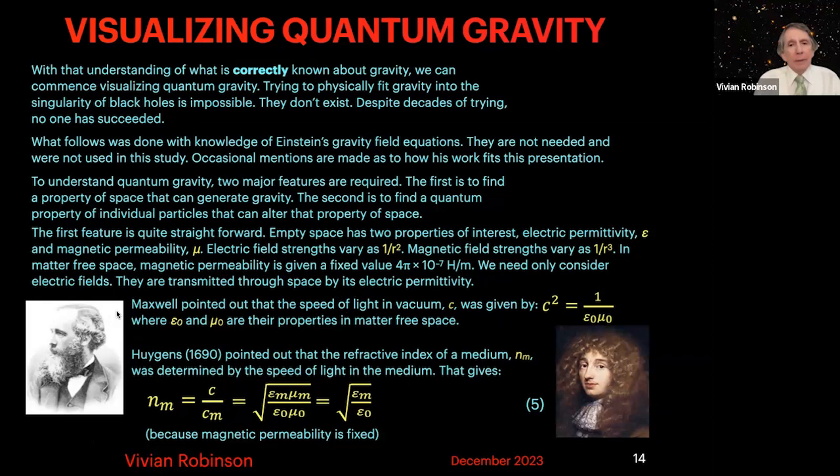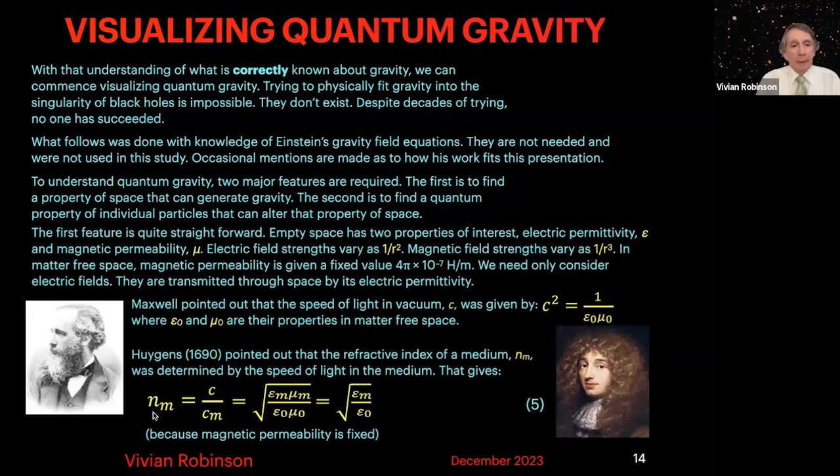Maxwell pointed out that the speed of light in vacuum, c, was given by c squared equals 1 over epsilon naught and mu naught, where epsilon naught and mu naught are their properties in matter-free space. Huygens, 1690, pointed out that the refractive index of the medium, denoted Nm, was determined by the speed of light in that medium.